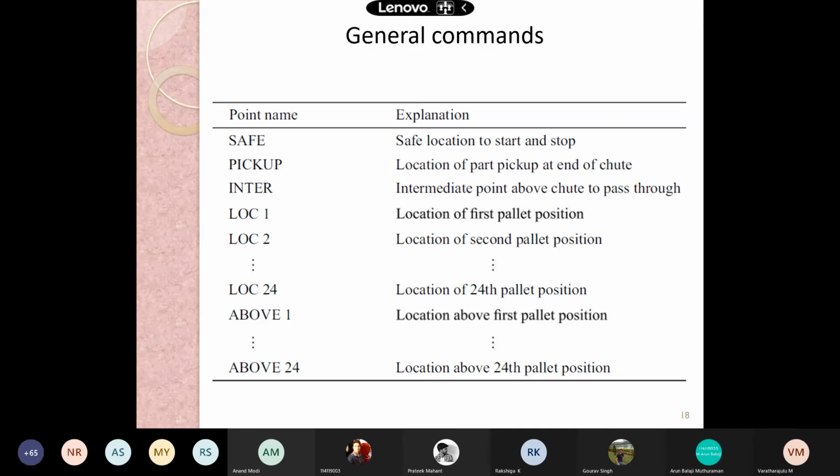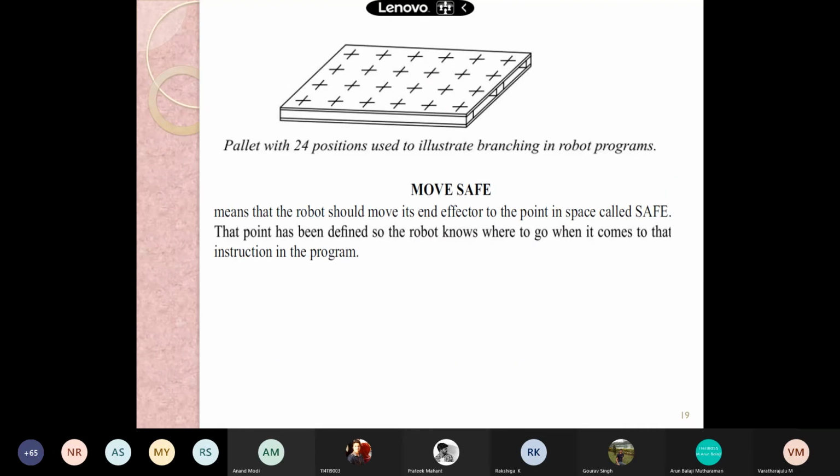Chat means the material which is going to be taken and placed at some other point. Location: these are the 24 locations we are going to use with this typical example, that is the palette. And one above one might be the point which is a little above the position of LOC one.